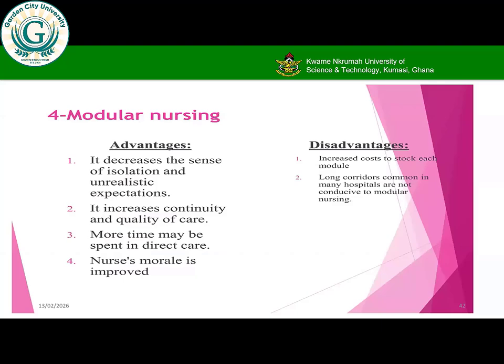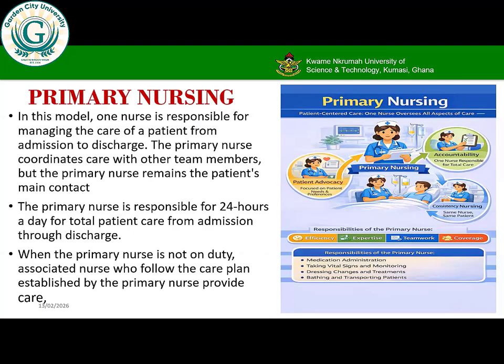Then what about primary nursing? In this model, one nurse is responsible for managing the care of patients from admission to discharge. Listen, one nurse. That is why we have the primary.